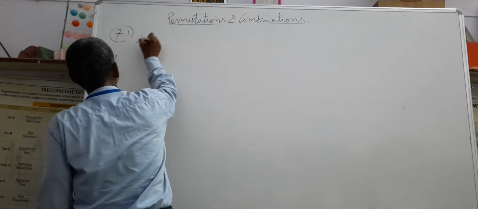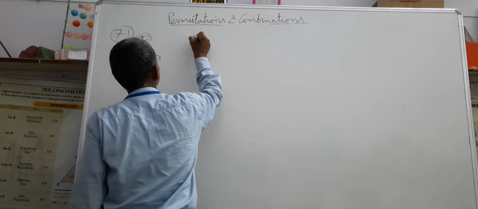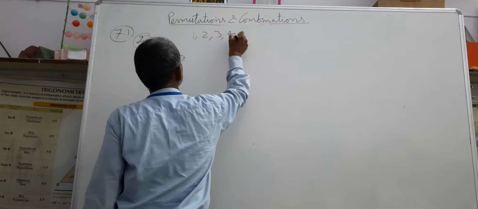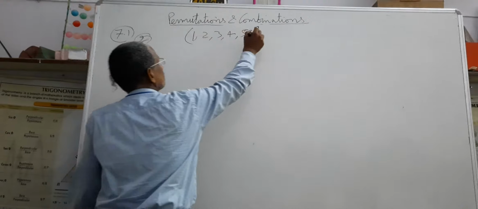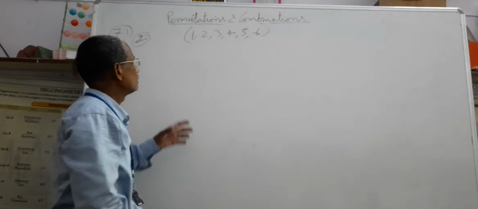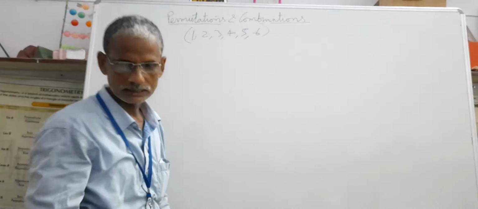In your first question there is no case of even or odd, but here the 3-digit number must be an even number. Your available digits are 1, 2, 3, 4, 5, 6. You will construct a 3-digit even number using these 6 digits.